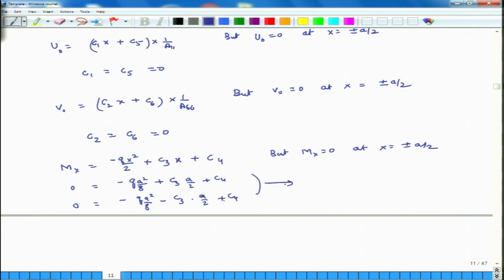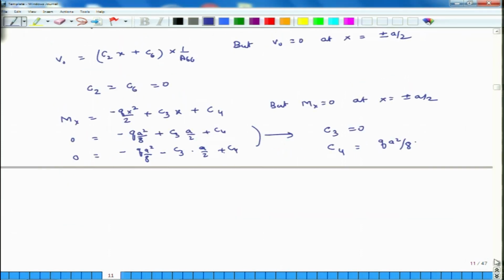From these we once again get C3 equals 0 and C4 equals q a square over 8. So, I end up with Mx as q a square over 2 times 1 minus x over a, whole square.